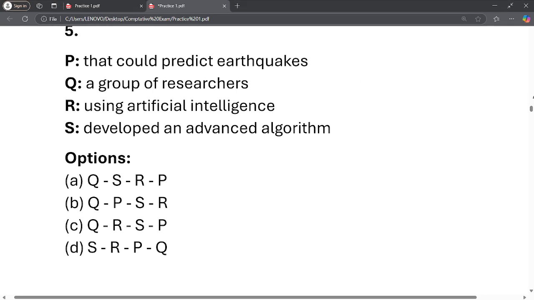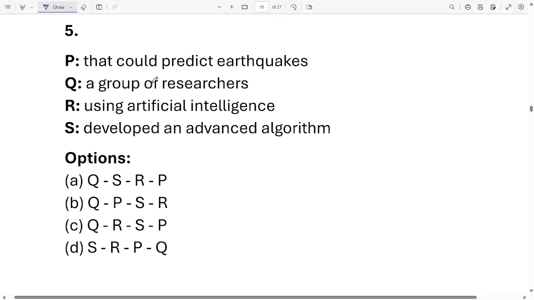So your correct option is option C. Okay. First is Q, which is a group of researchers using artificial intelligence develop an advanced algorithm that could predict earthquakes. Okay, let's move on to the next one.